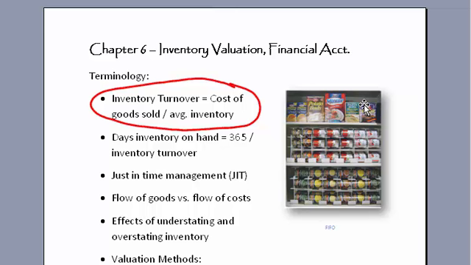The faster we turn the inventory, then obviously the greater the sales. So by keeping track of our inventory and keeping track of this number, it's an indication of how well the company's doing. The second one simply takes 365 divided by the number of turnovers in a year, and that will tell you how many days.